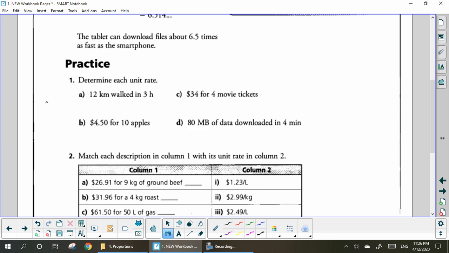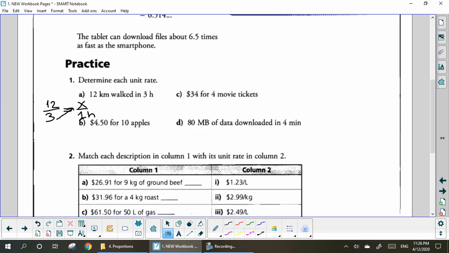So we set up a proportion of 12 kilometers for 3 hours, and we make it equivalent to a unit rate of 1 hour. We're going to put 1 hour down here, and we're looking for the missing value for the distance, how much we walked in 1 hour.